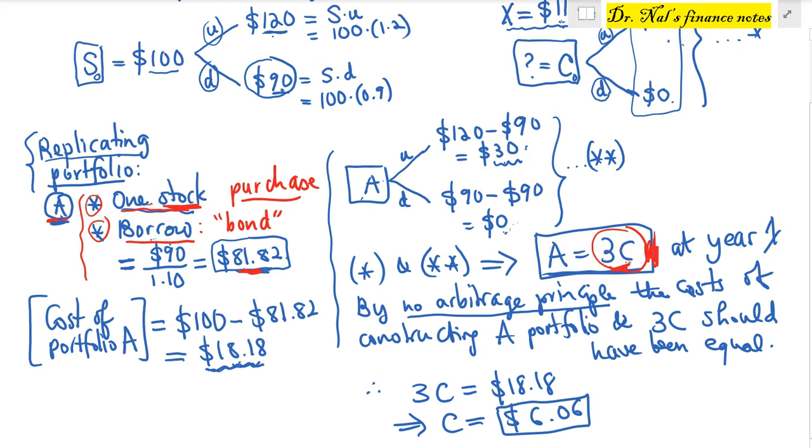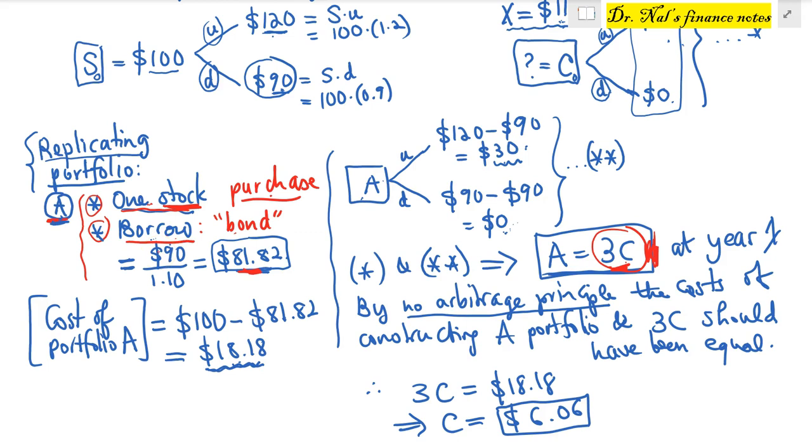Well, there's an alternative way to do that. This time I want to go ahead and purchase stocks again, but instead of borrowing money, I want to write some call options, and I claim that replicating the portfolio in this way would also give me the ability to price the call option.